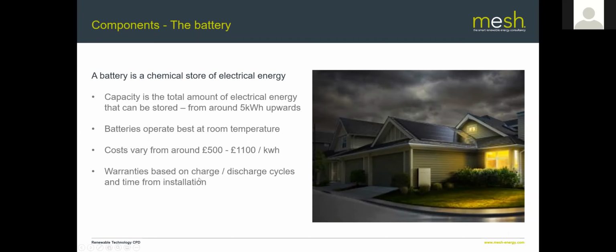I think the time from installation warranty is probably a much easier one to work with, simply because most domestic batteries aren't going to go from fully charged to fully empty to fully charged to fully empty. So actually defining what a full charge or discharge cycle is can be quite difficult.